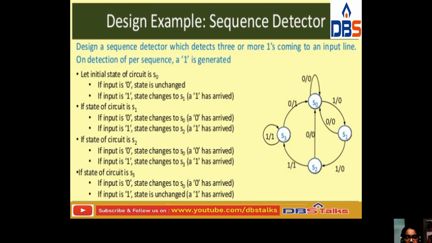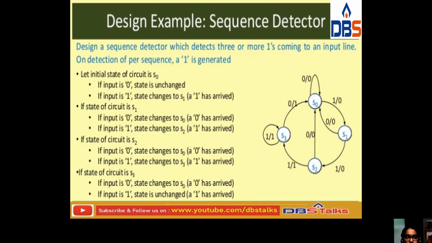If you have observed, the initial state is S0, the next state is S1, the next is S2, and the next is S3. Consider the input sequence 0, 0, 0, 0, 1, 1, 0 and 1, 1 like that.